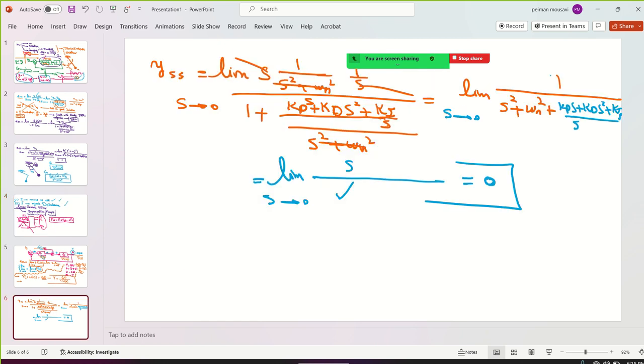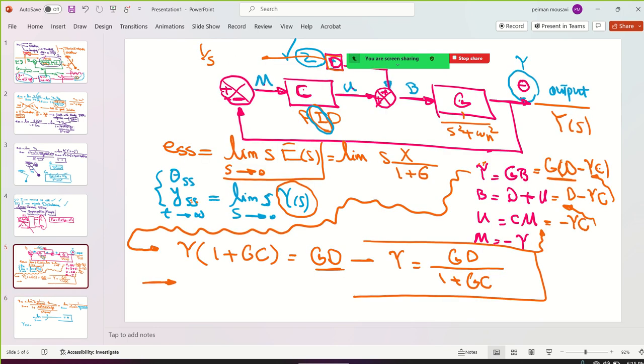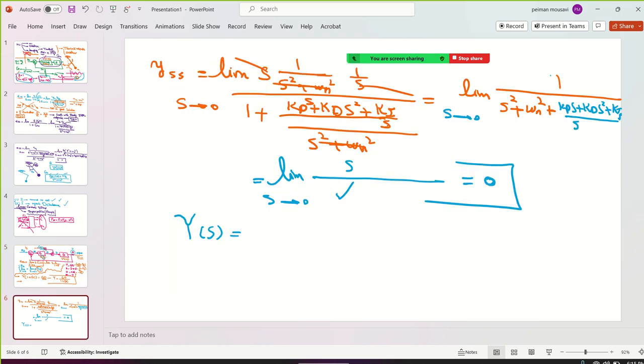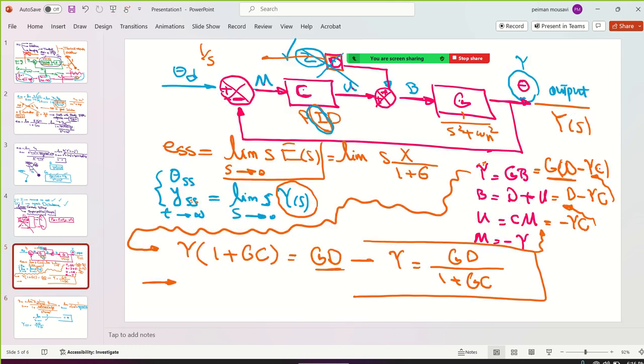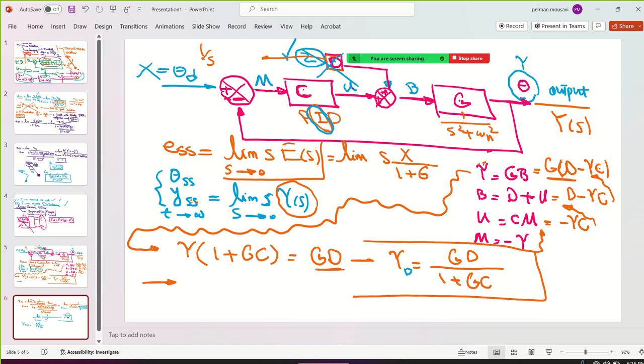Now, I told you the superposition. So total Y of S is gonna be, I'm gonna assume you have theta D here. I'm gonna say we don't have disturbance, total. Gonna be xg over 1 plus g. This is your x, remember. And plus y of disturbance.